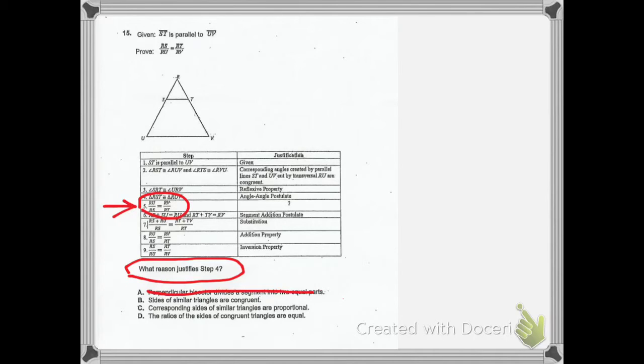Well, I don't know anything about perpendicular, and their parts aren't equal. B, the sides of similar triangles are congruent. Again, that's not true, and I don't have any marks of congruent. C, corresponding sides of similar triangles are proportional. So that would be it, because this is a proportion.